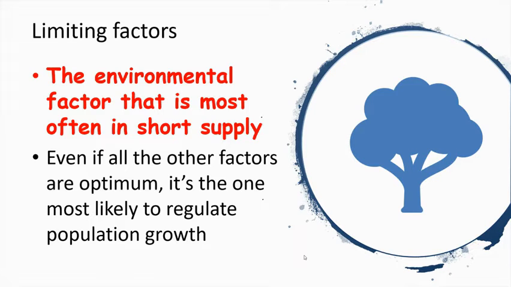And so that might be a limiting factor in those environments. So when you look at a biome, you want to evaluate the factors that are available to the organisms there. And even if all factors are optimal, if there's one that is not optimal, then that's the one that's going to be the limiting factor and is going to prevent more population growth.